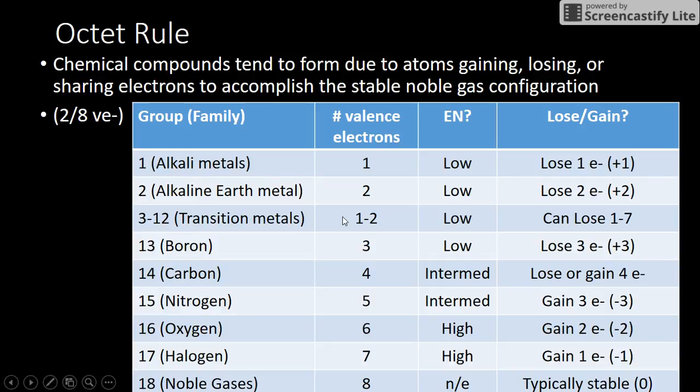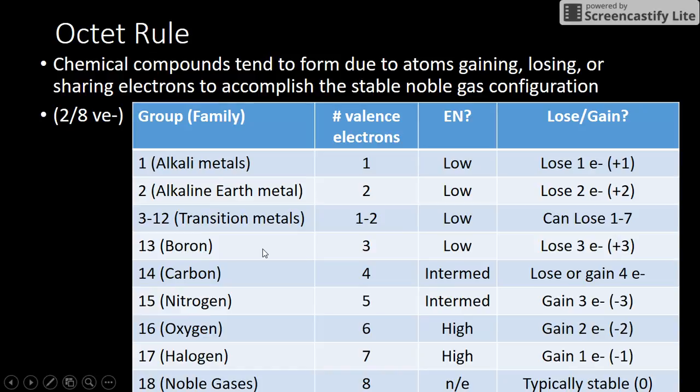For this class, we're going to just say they have 2, but I want you to know there are cases where they'll have 1 or 2 valence electrons. Regardless, they have a very low electronegativity, so they will form cations. As transition metals, and we discussed earlier with Roman numerals for naming, they can lose 1 through 7, and you have to determine how many they've lost based on the anion it's with. I don't think we're going to be doing that, but you should know this is why it happens.